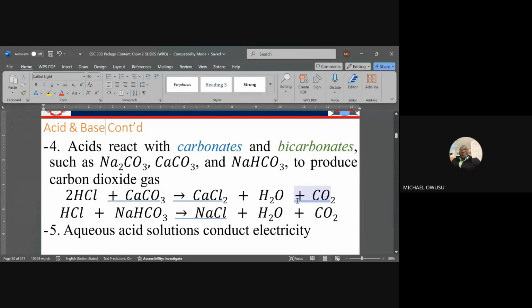I may even say that it's a rule: the rule that metals react with acid to produce hydrogen gas and salt does not always apply to a metalloid.